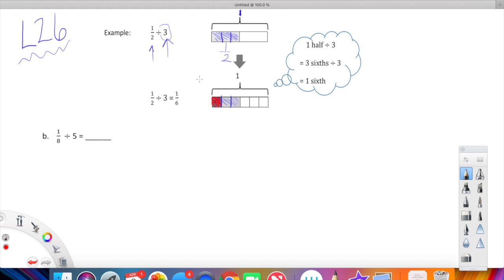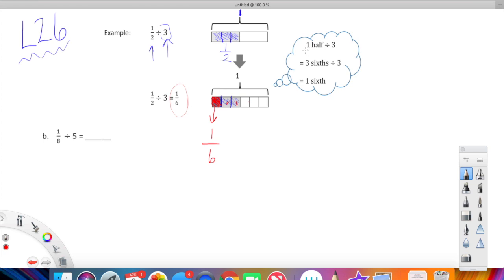This red box is 1/2 divided by 3. So 1/2 in gray, and then that 1/2 divided into 3 equal pieces. Well, that fraction is just one shaded box, so our numerator is 1, and then we have this whole divided into 1, 2, 3, 4, 5, 6 pieces. So 1/2 divided by 3 is 1/6.